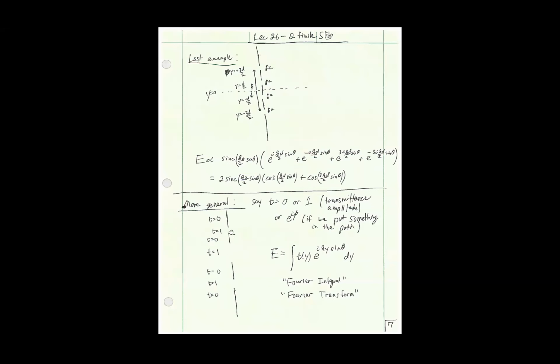It could be 1 in any unobstructed slit, and it could be e to the i phi if I put a phase mask in front of it. And in general, when you have an integral where you take e to the i something times y, whatever variable you're integrating over, multiplied by a function of that variable, that's called a Fourier integral or a Fourier transform. And we're going to see a lot of those next fall in math methods.